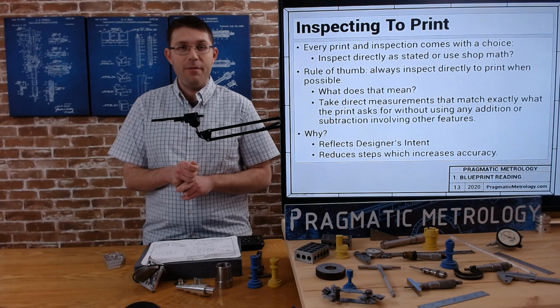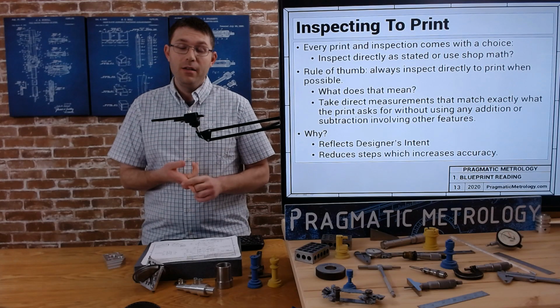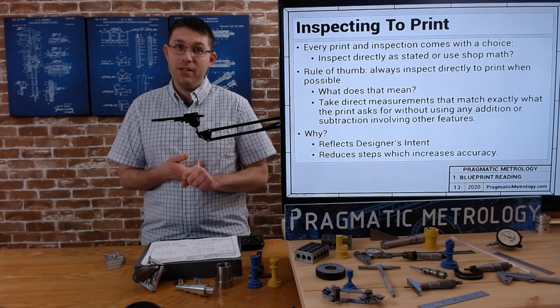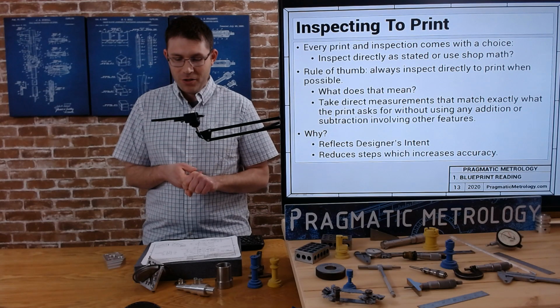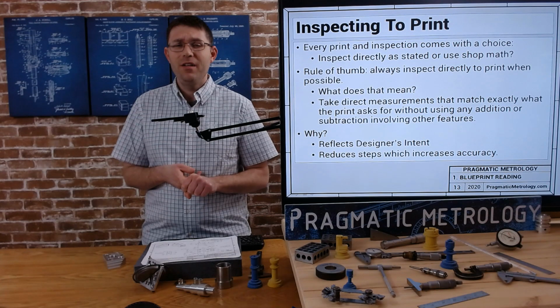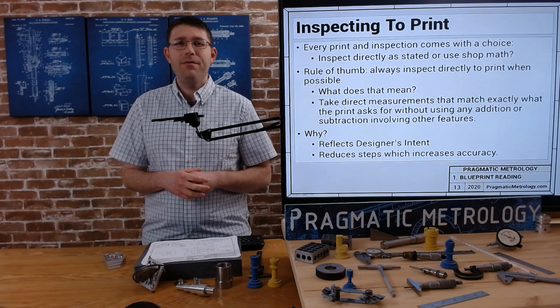When I said I've been on the inspection side of it, I've gotten a lot of prints that really don't make sense for inspection or don't make sense for manufacturing, and you're talking to the machinist and looking at the print and you're just like, what is this? What were they thinking? And it's okay.